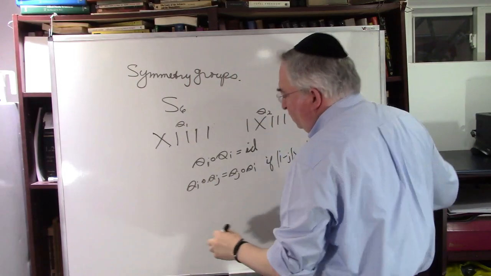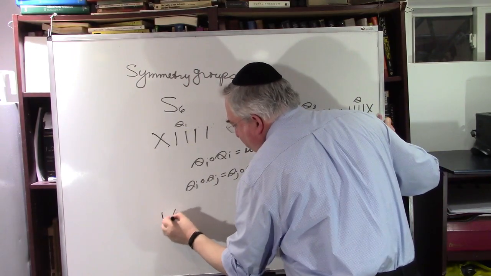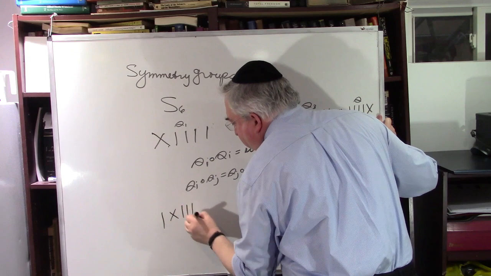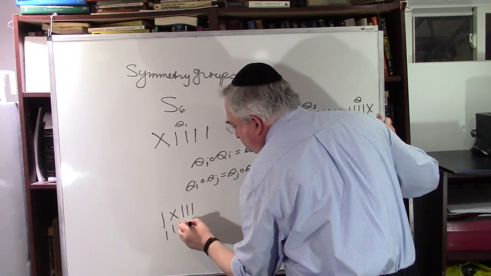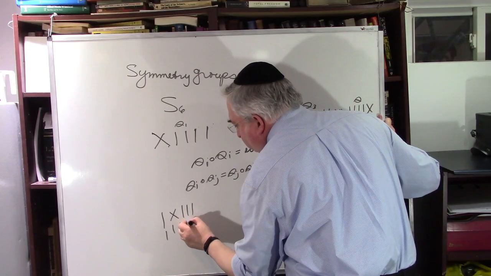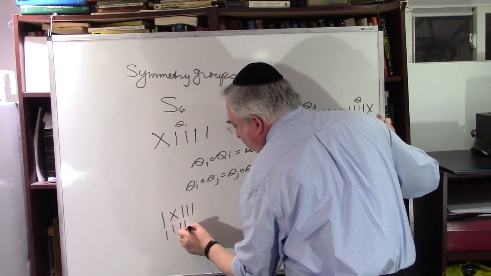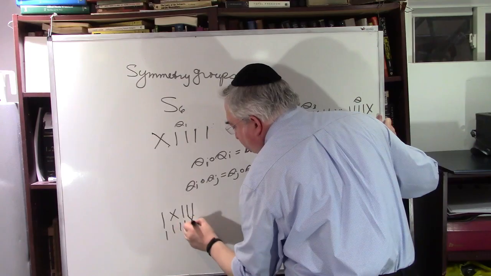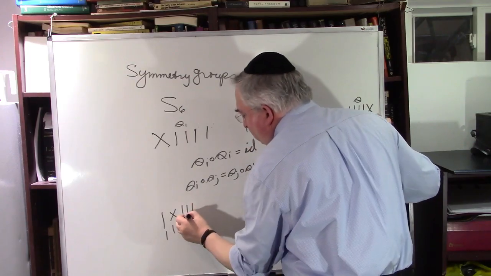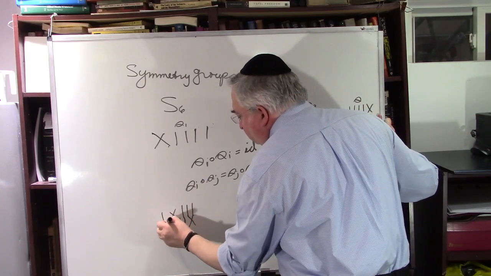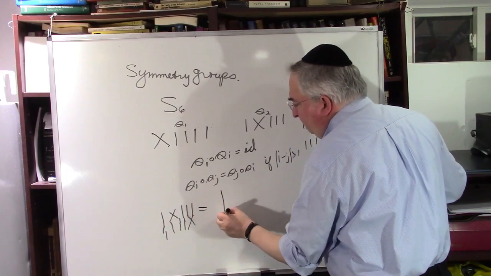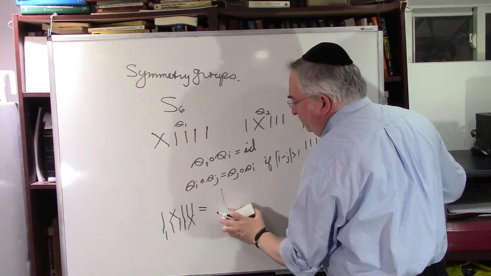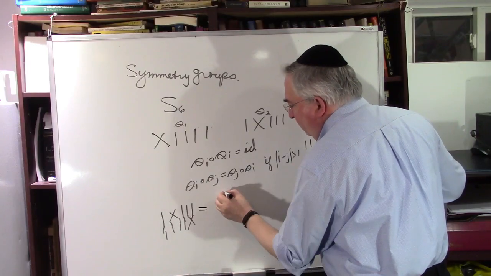Okay, a nice picture you can draw of this goes as follows. Okay, this is equal to, let's do it the right way.